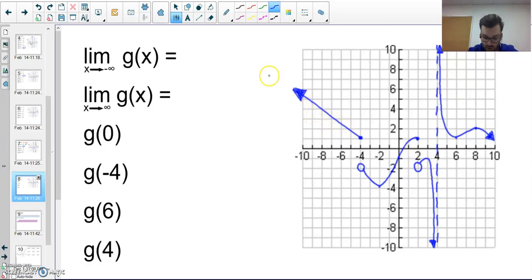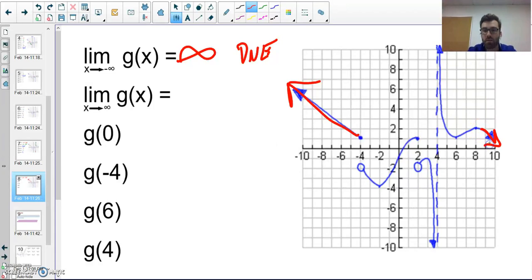As x is going off here, y is getting really big. So that's why our function is going to infinity. Some people may write does not exist. I'm going to tell you on Monday what I want you to do with that. The limit as x goes to +infinity is going down, so that's -infinity.